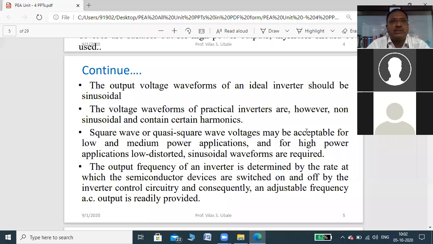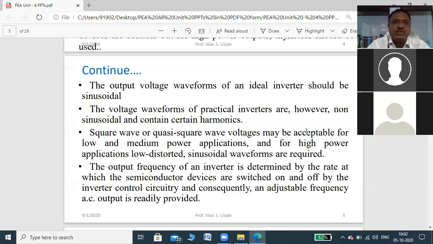In industry, three-phase inverters are normally used, which produce a more pure sinusoidal waveform, so that the output of the inverter can be directly used to control the speed of a motor. So a pure sinusoidal waveform is required in industrial applications only.